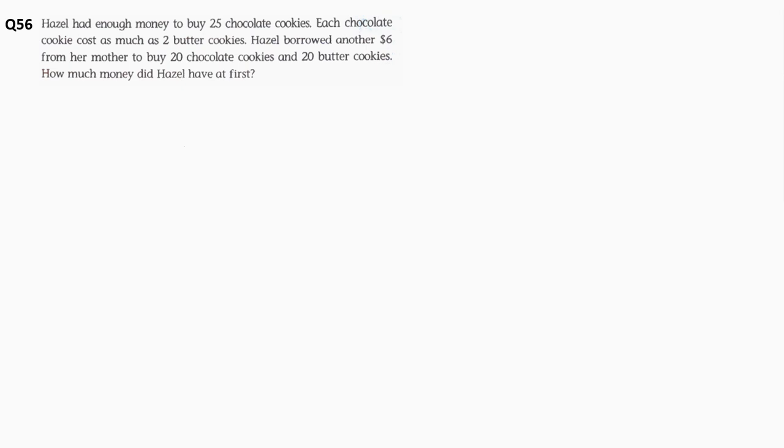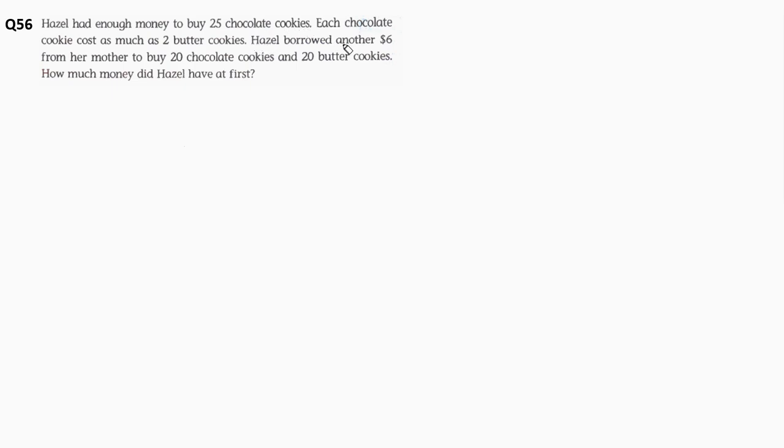Now, I think this is a tricky question, particularly as I misread it at first. And I will just explain what I originally thought. It said here, Hazel had enough money to buy 25 chocolate cookies. And it explains that there's chocolate cookies and butter cookies.